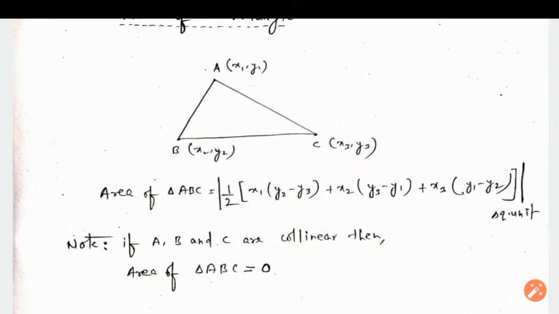It doesn't mean that y2 must be greater than y3. No, I am talking about the suffix: 2 is less than 3. That is what I am saying in order to memorize this. I hope you are going to memorize this formula.